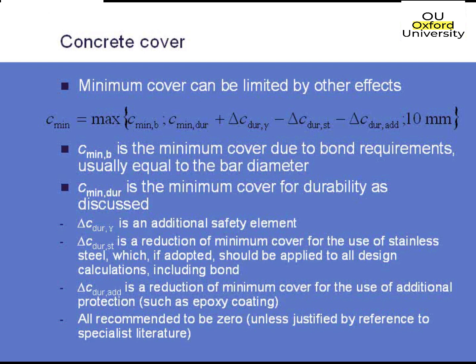Realistically, if you're doing a bridge design, you are never going to get anything even close to 10 millimeter cover. That's only really for buildings design. Covers for bridges are usually big. It's usually at least 30, 40 mil, even for the smallest cover element.